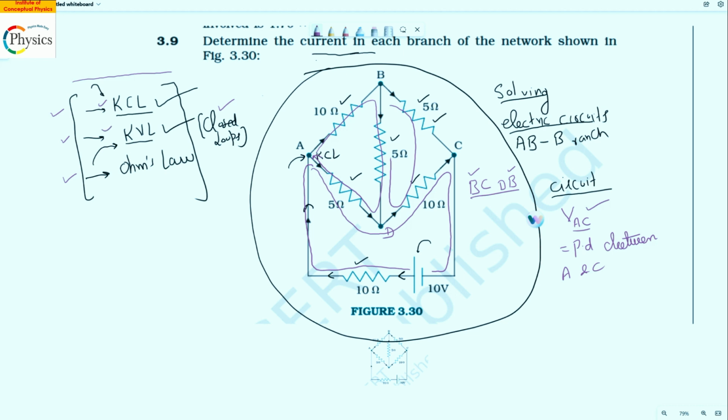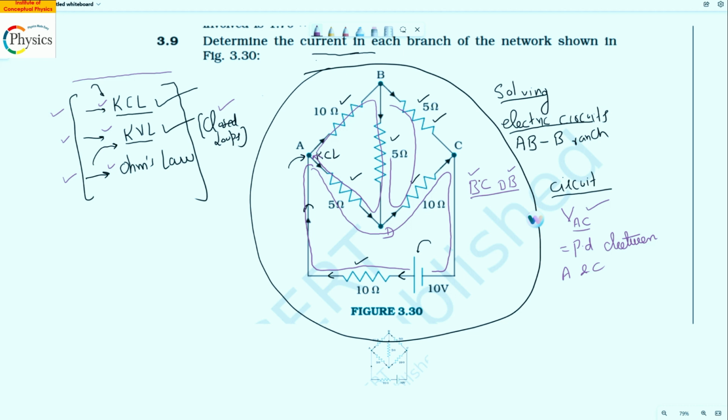And just emphasizing that if you are not using these three techniques, KCL, KVL, and Ohm's law, then you will not be able to solve these questions. So always ensure while solving these questions that the three rules are clear in your mind.